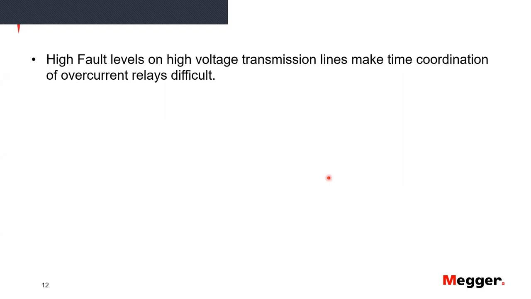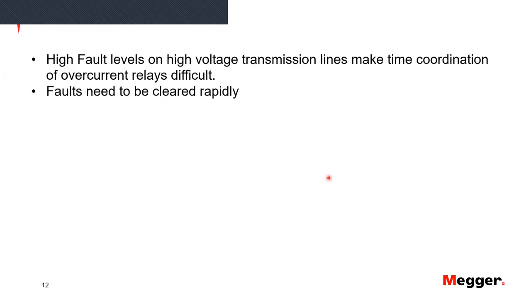Now, as we saw yesterday, for relays that are upstream, it is more difficult to coordinate because they have to wait for relays downstream to operate. So one of the reasons to have a distance-based instead of a current-based device is that it makes the coordination of those relays a lot easier.